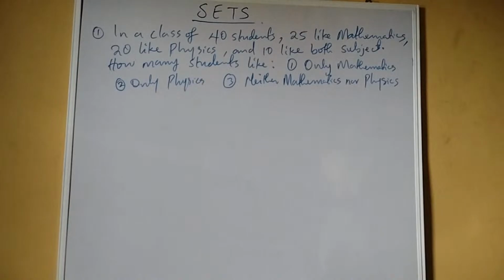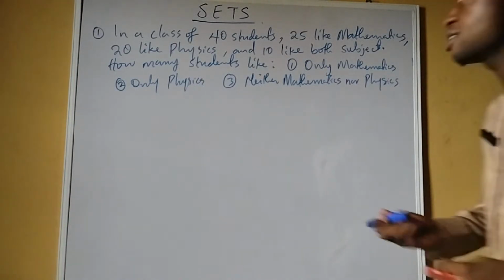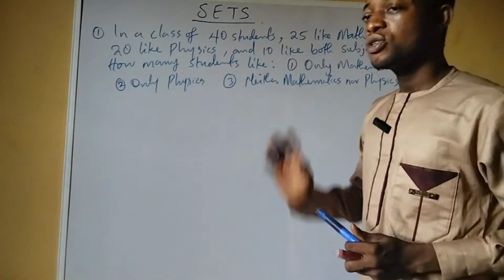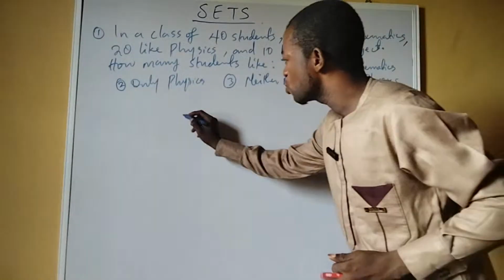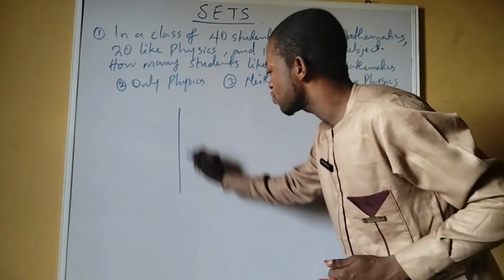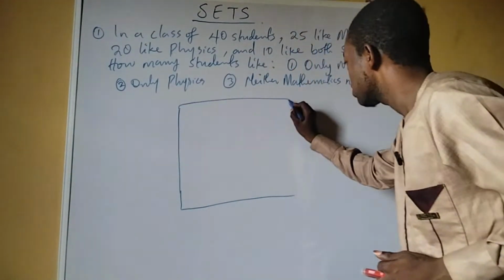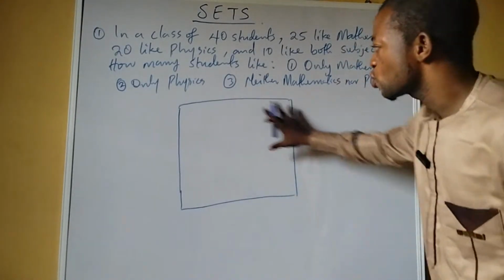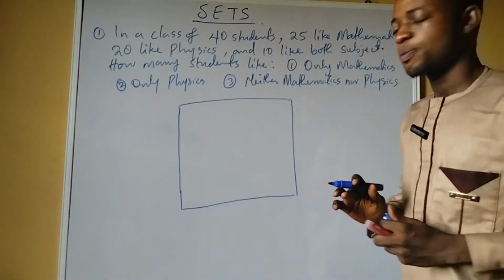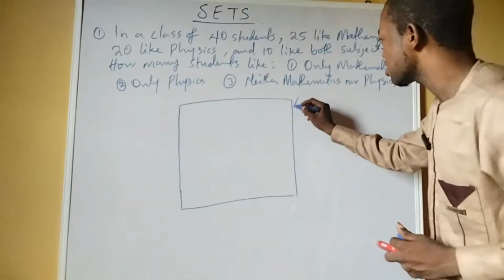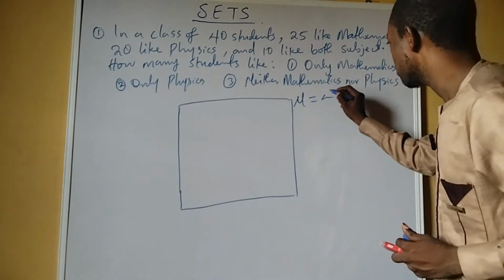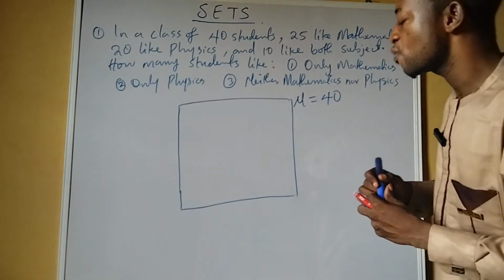When we apply a Venn diagram to this question, we enjoy solving it. When we have a Venn diagram, we have the box serving as a universal set, the totality of this set. That is given to be 40 because they said in a class of 40 students.